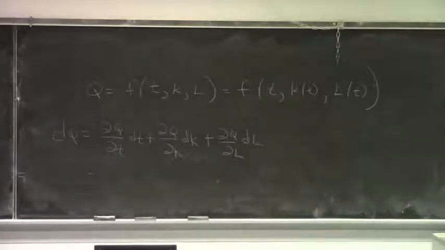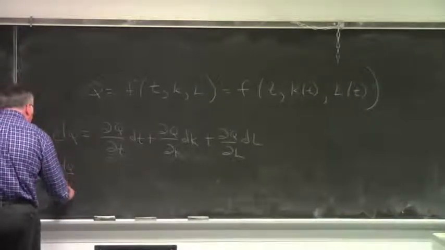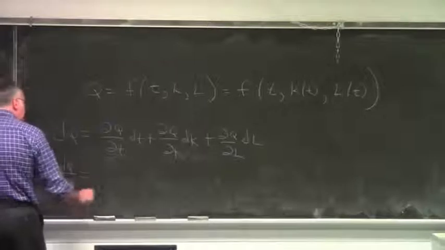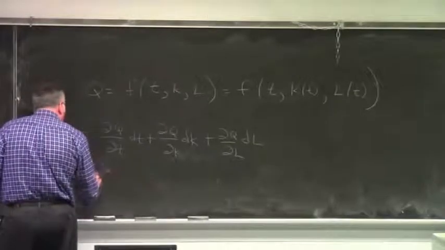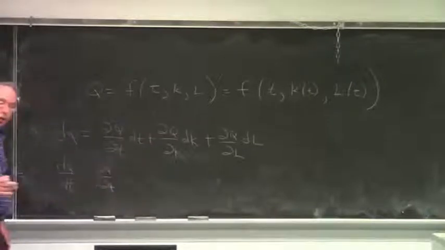Now, if you want dQ/dt, Jessica, just divide both sides of this equation by dt. And you get dQ/dt equals partial Q, partial T. dT over dT is 1.